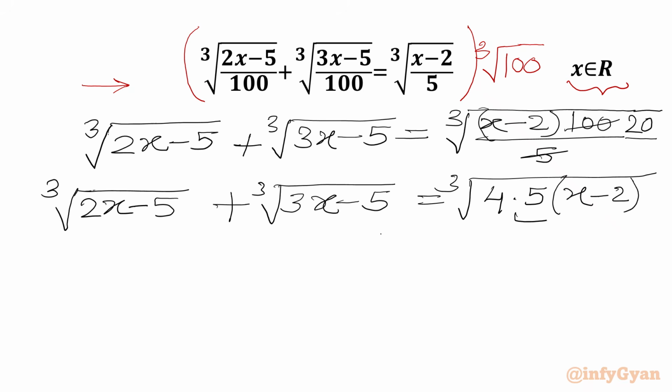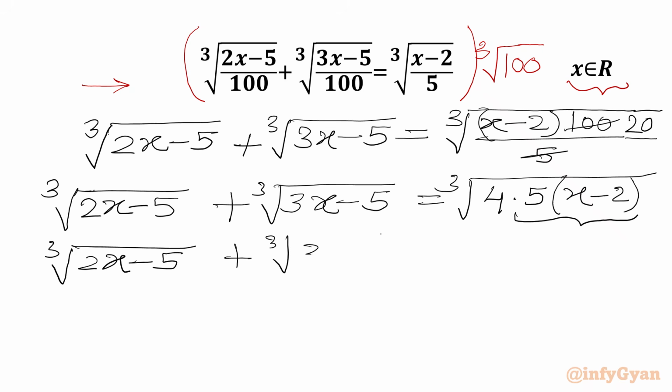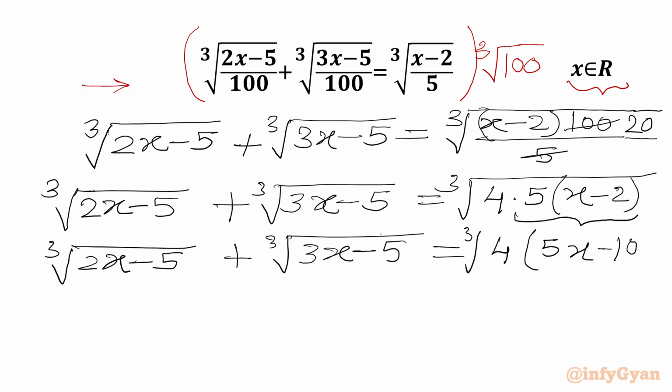Now we can multiply 5 with bracket terms x minus 2 and we will get cube root of 2x minus 5 plus cube root of 3x minus 5 equal to cube root of 4 times in the bracket 5x minus 10.